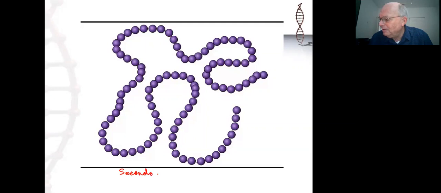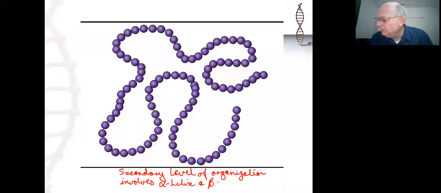or secondary level of organization. And this revolves around two structures, one called an alpha helix and a second structure called a beta pleated sheet.